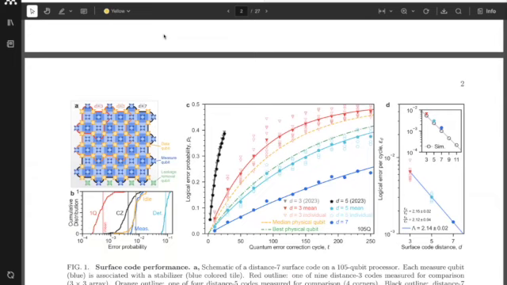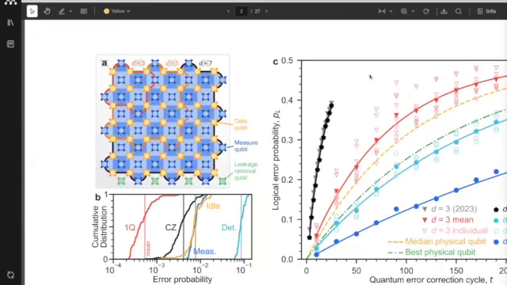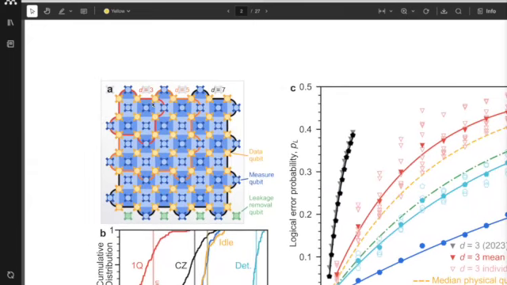So this is the surface code, and this is the code that they represent. Here these are the data qubits with the orange color, which represent the qubits where the data, or the bits, are stored. Then they represent the measurement qubits with a different color, blue, which measures the information of these 4 qubits.